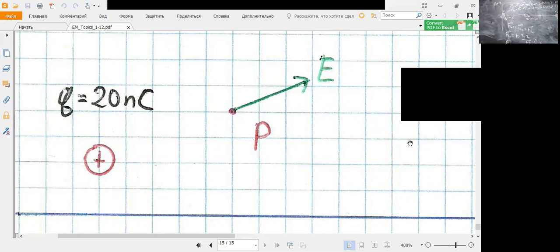And this is only the polar form, not the vector form. If you want, you can find the vector form. It's not hard to understand.